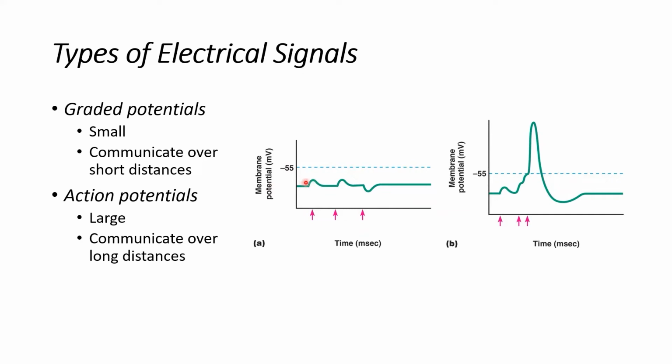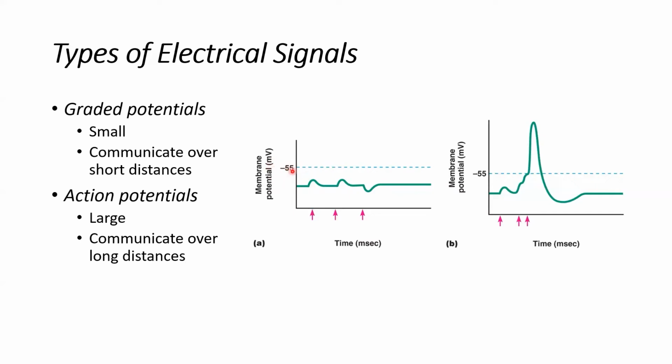Unless a graded potential gets to negative 55, so remember our cell is starting at negative 70, which is down here. And we can change the membrane potential. We can change it to negative 60, to negative 65. Until we get to negative 55, we are not able to initiate an action potential.